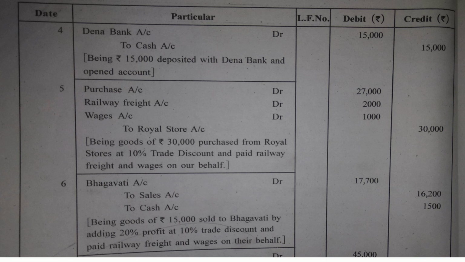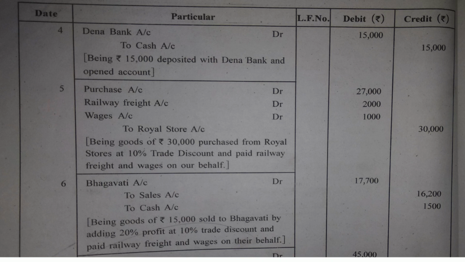So we have sold goods at a price of 16,200 and we have paid cash, that is railway freight and wages, overall 1,500 on behalf of Bhagwati. So Bhagwati will pay 16,200 rupees for goods and 1,500 for the railway freight and wages. So Bhagwati becomes my debtor by rupees 17,700.